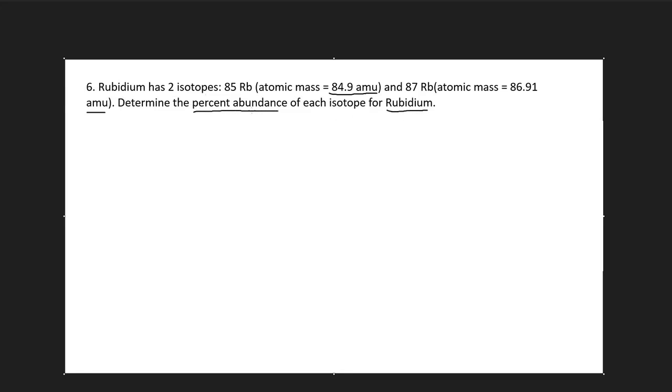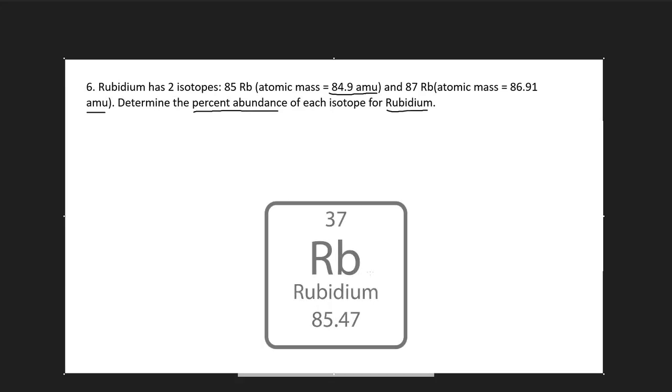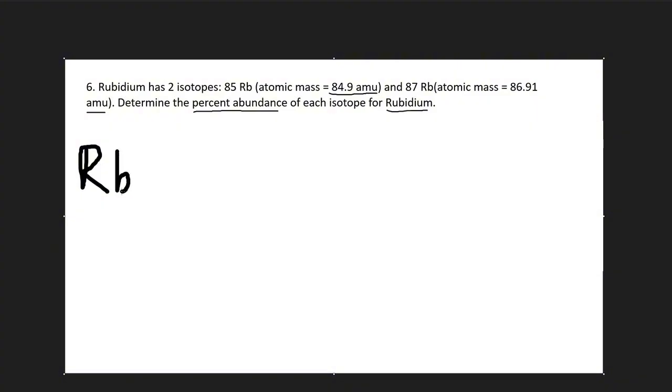And the first thing we need to do is get the average atomic mass from our periodic table. So if we look at our periodic table, we can determine that rubidium's average atomic mass is about 85.47.